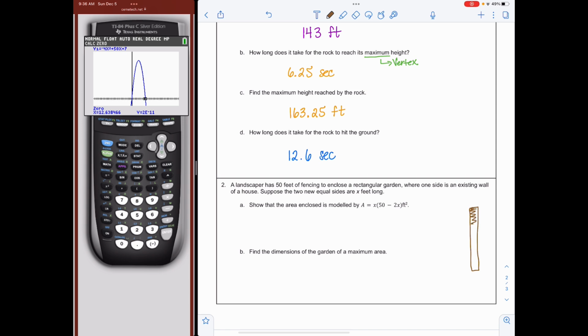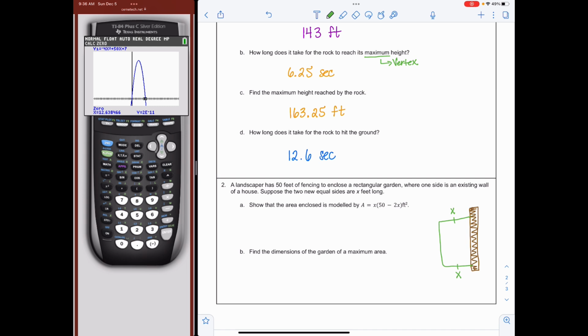Okay, this is the wall of my house. I'm going to have a rectangular garden, and it says the two equal sides are x feet long.